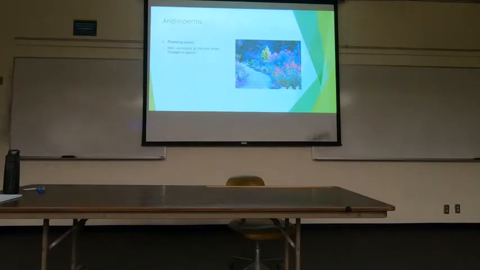So that would lead someone to the conclusion that the angiosperms are by far the most diverse lineage of plants, and probably also the most successful. Because how would you measure success in biological terms? Probably diversity and sheer numbers. So there's around 260,000 species of angiosperms. That's nearly 90% of all plant species that we describe.